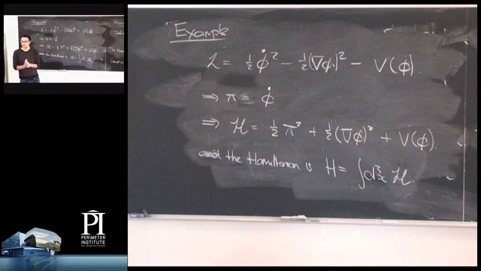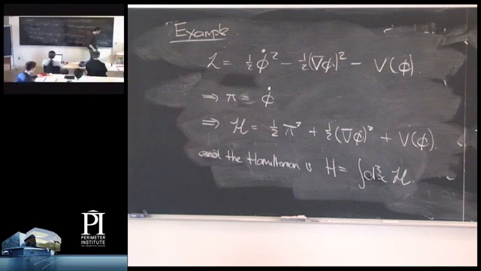No? All happy? Good. So that's the end of classical field theory. Now we're going to turn to quantum field theory. From now on, h bar is equal to 1 instead of 0.